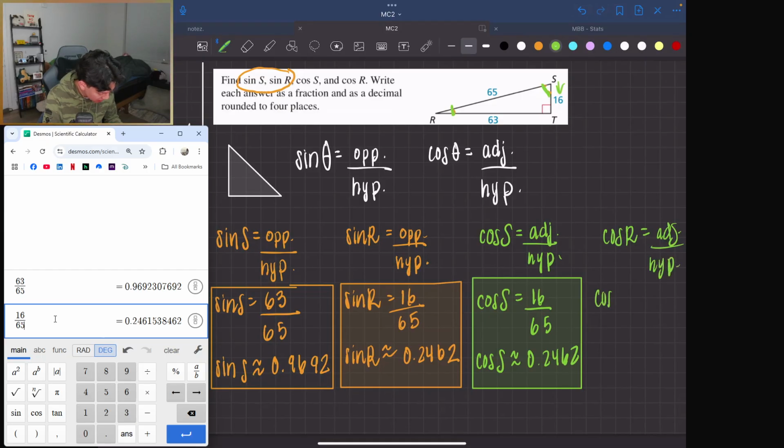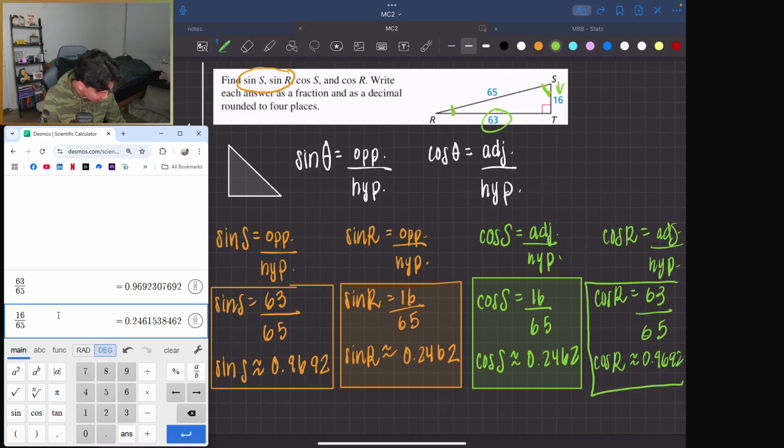So cosine of R, the adjacent side is 63 over the hypotenuse of 65. So that is it as a fraction. And then as a decimal, it looks like we already found the decimal of 63 over 65 right over here, which is going to approximate to, yet again, 0.9692.